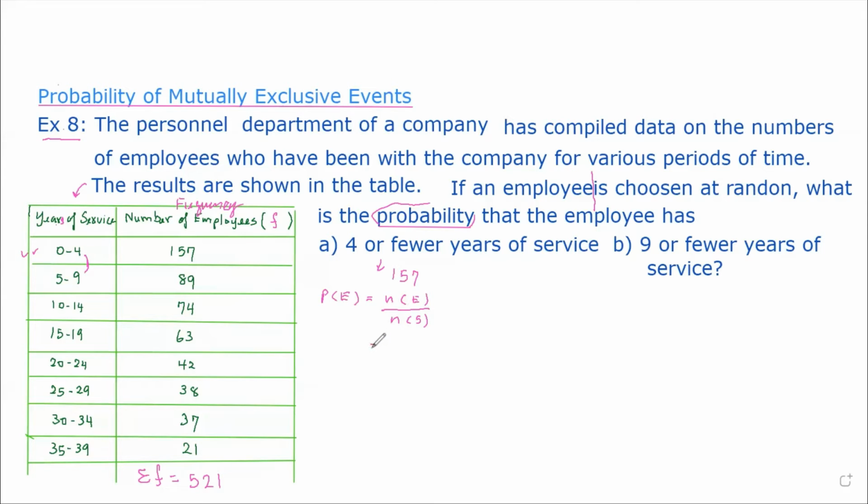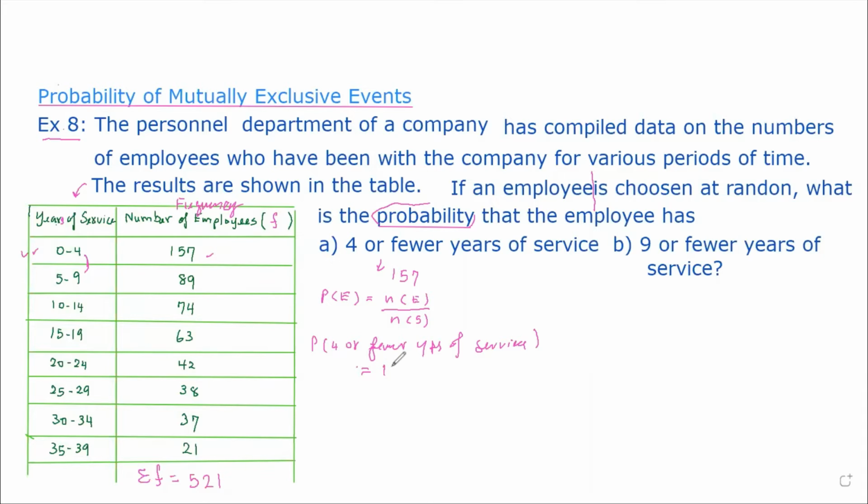So for this case, we write it down this way. P of 4 or fewer years of service equals NE, and we only get this one, because 4 or fewer is looked up in here.